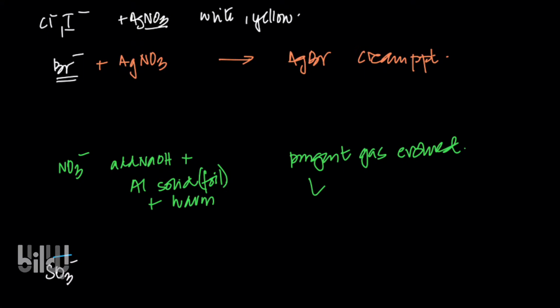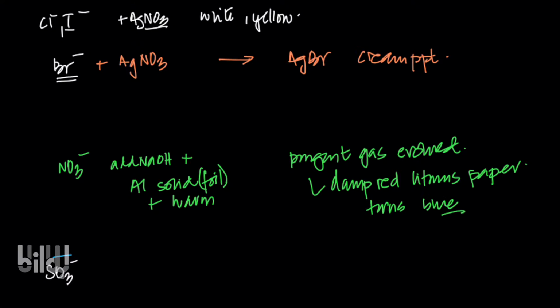What you will do is bring a damp red litmus paper to it, and once the paper comes in contact with the gas, it turns blue, because that is the test for ammonia. It turns damp red litmus paper blue. Alright?